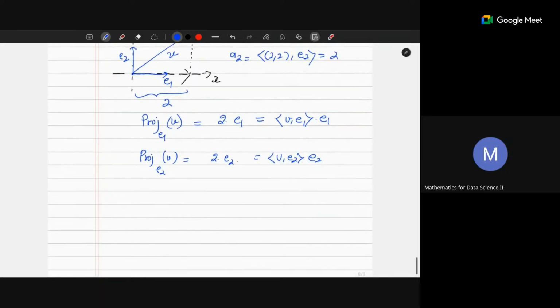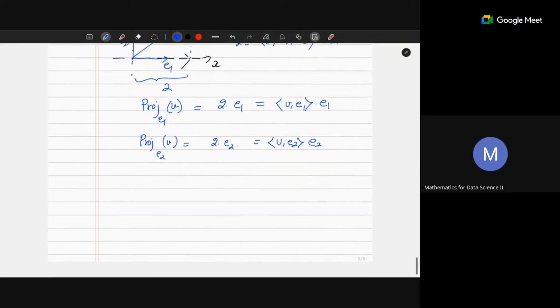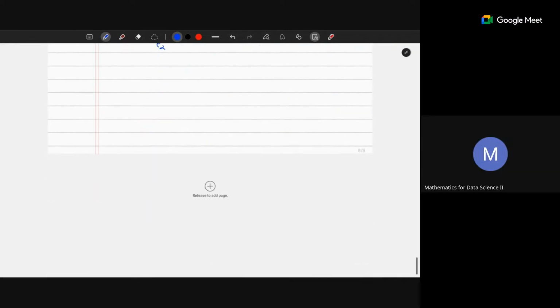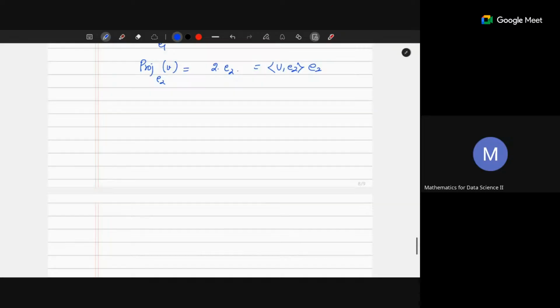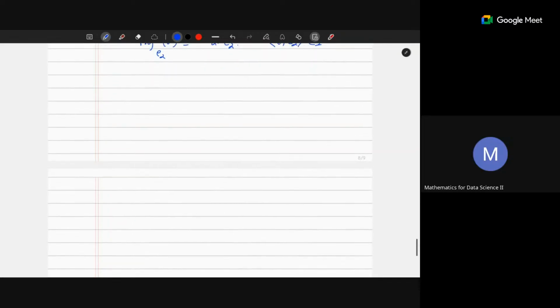Now, I projected this vector onto the standard basis, but I need not do that; I can project any vector on any vector.